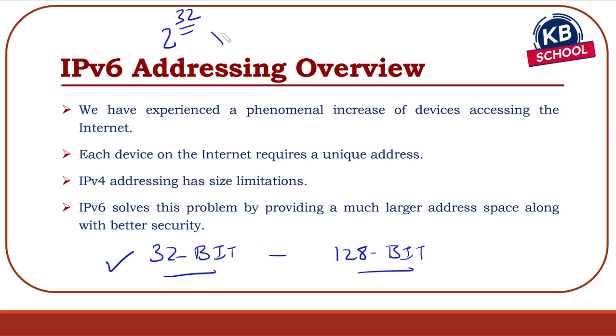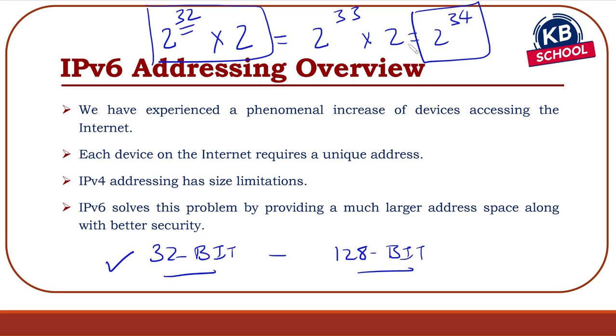When you double it by 2, so basically 2 to the power of 32 times 2, it becomes 2 to the power of 33. So just by adding a single extra bit, you've doubled the address space. Now you double it again, it becomes 2 to the power of 34, which is quadrupled already from IPv4. And you keep on doubling it until you get to 128 bits, which is when you arrive at the IPv6 address space.